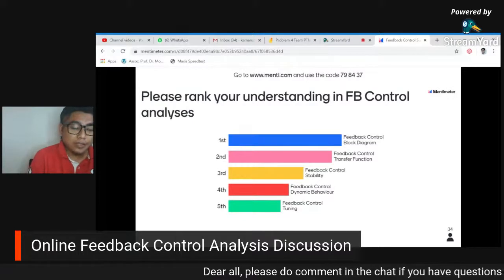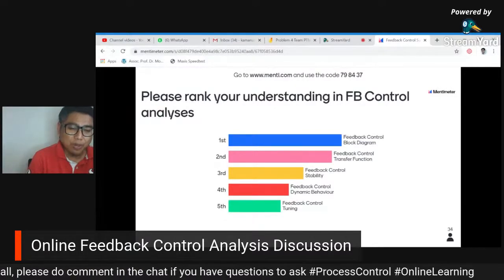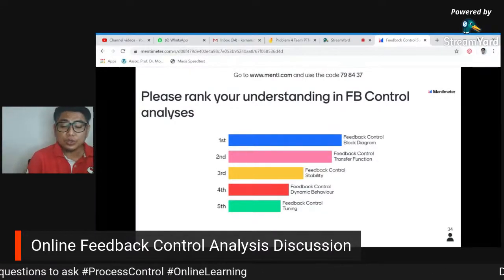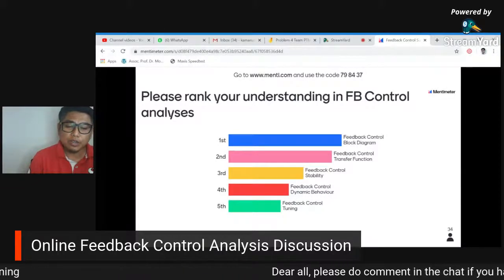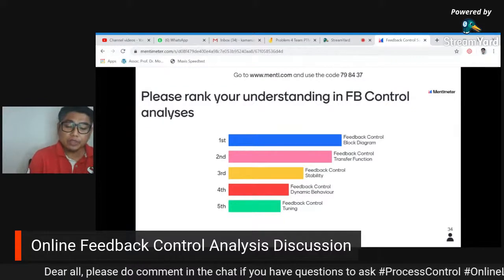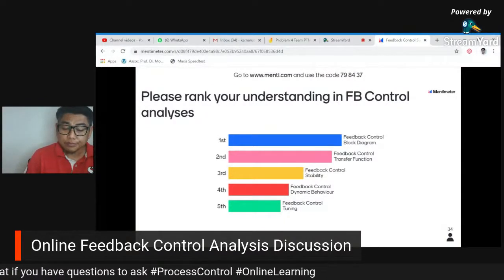Usually we would ask you to plot it using Simulink, but now, since you're having a problem, we just ask you to sketch it. Make sure you know the initial value by using the initial value theorem, and the final value by using the final value theorem.